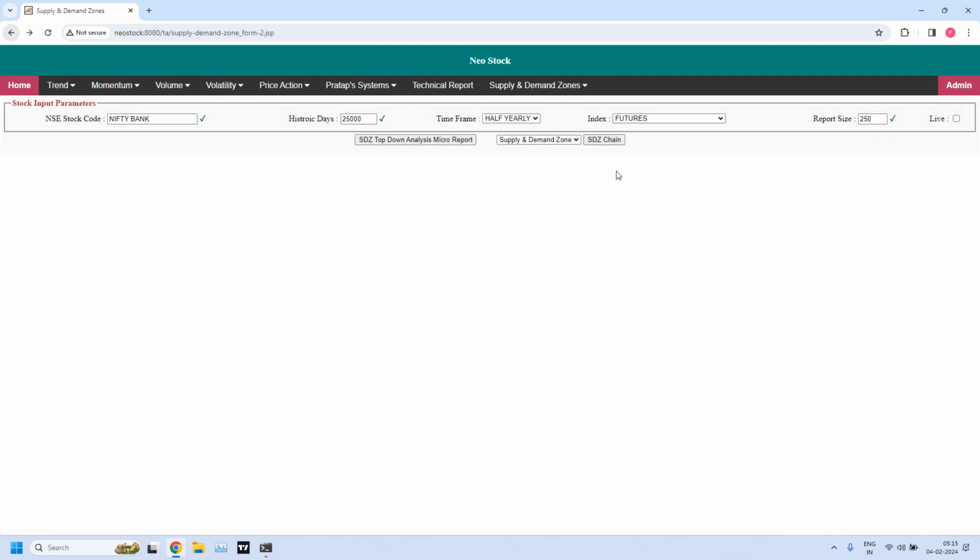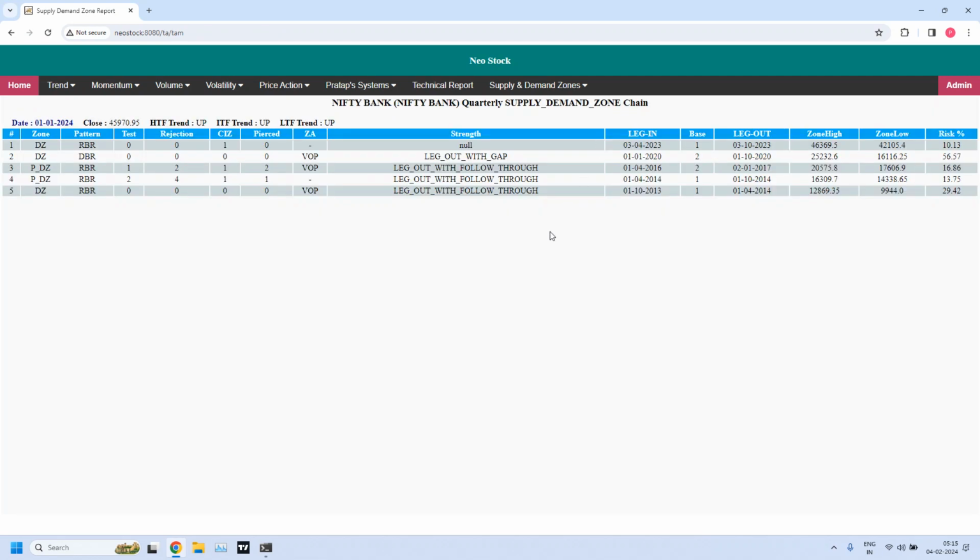So let's go back and change the time frame to quarterly. Let us generate the chain. So 46,000 to 42,000 level. This is having zone confluence with the 6 months zone. Because the 6 months zone is at 44,000 level, but here the zone low is 42,000.